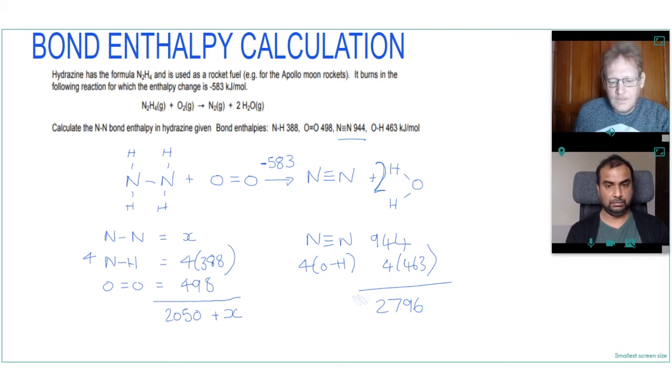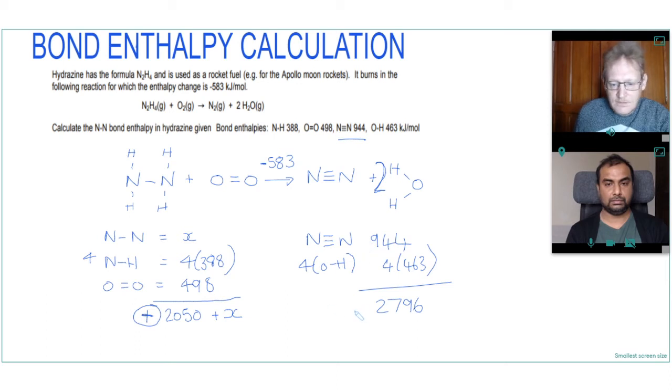And there's 2 ways of doing this next bit. You can either remember that to break bonds is endothermic and therefore positive. You've got to put energy in to break bonds. And forming bonds is exothermic. Energy is released when we form bonds, so the forming bonds are more stable.